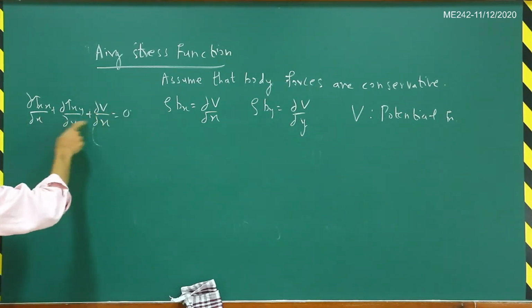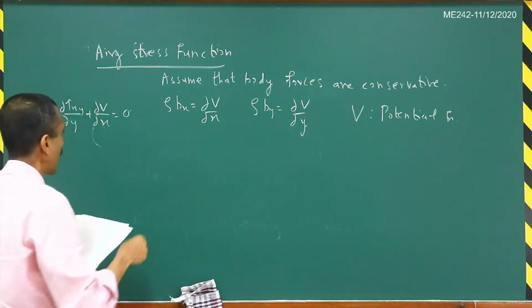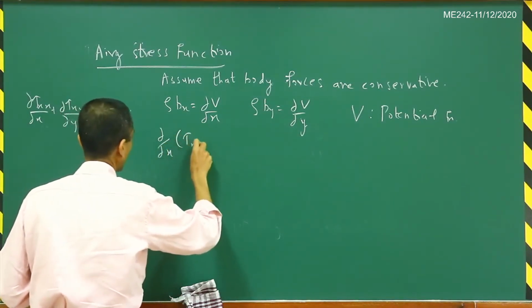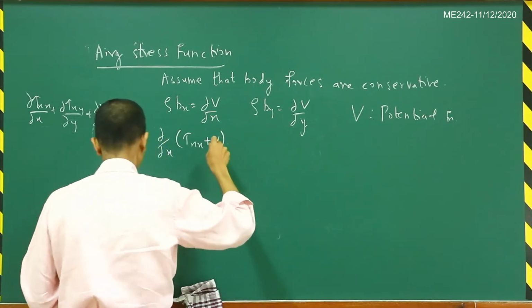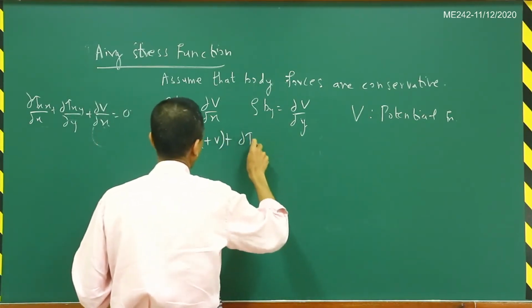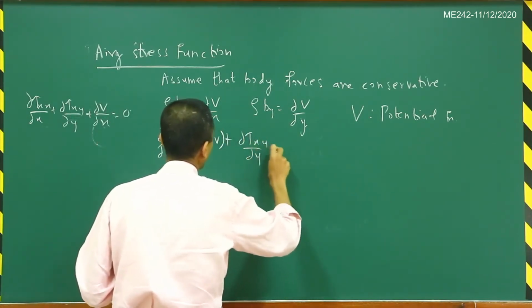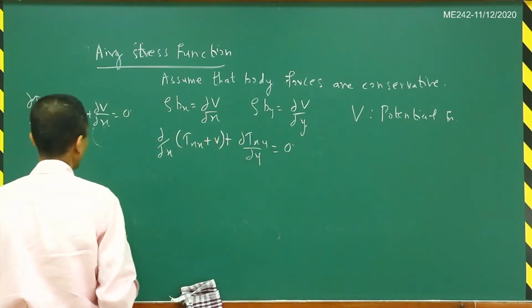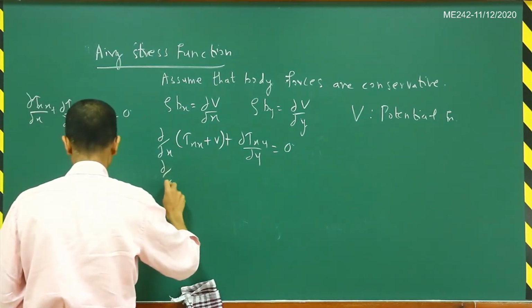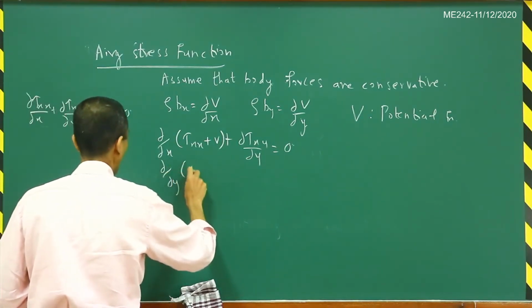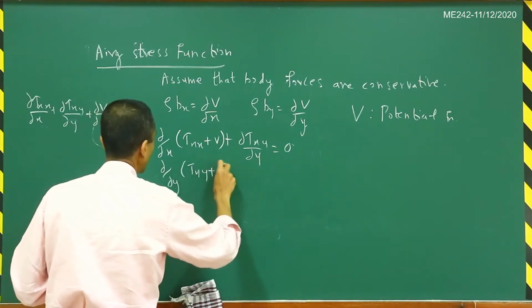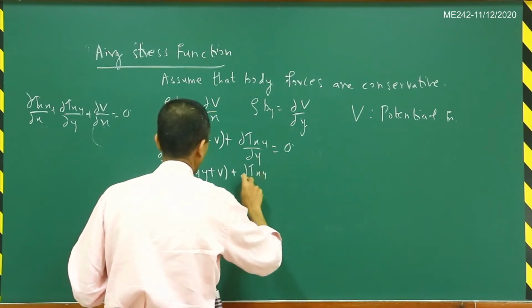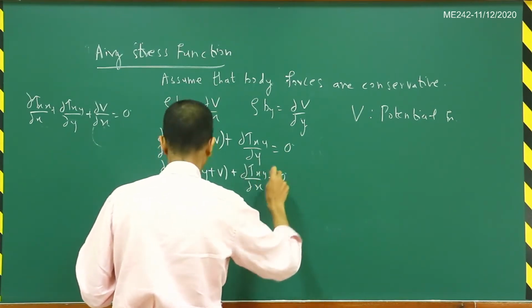Then these two can be combined together, and I can write del by del x of (tau xx plus V) plus del tau xy by del y is equal to 0. Similarly, the second equation can be written as del by del y of (tau yy plus V) plus del tau xy by del x is equal to 0.